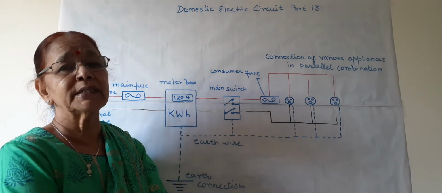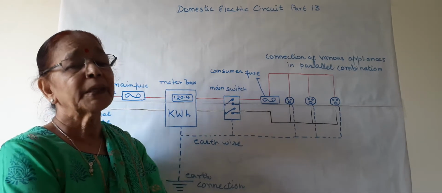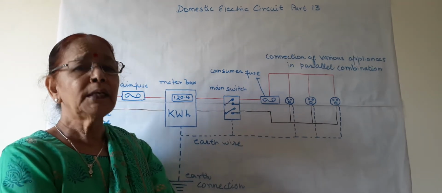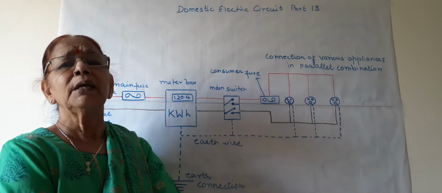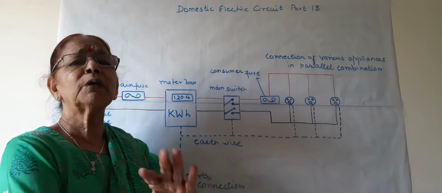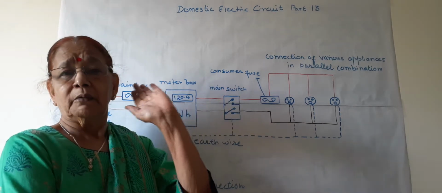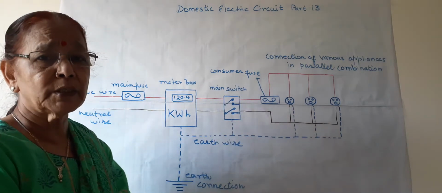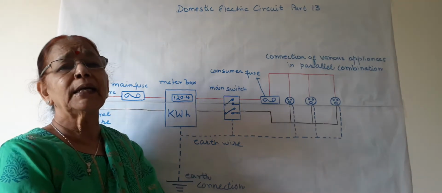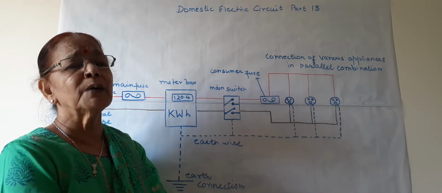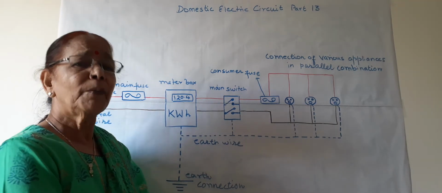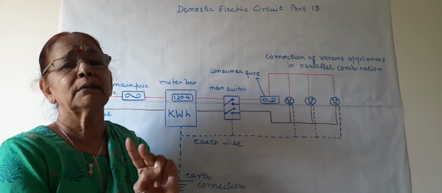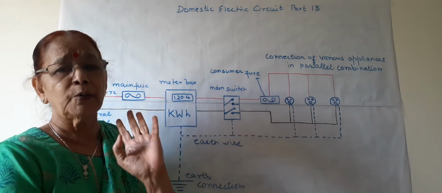A huge amount of electricity is generated there, and then through transmission cables and other equipment, through some substations, the electricity comes to our colonies through wires. The poles outside our houses, on the roads or streets, receive the electricity through cables. And from that pole, by two different wires, the electricity comes into our house.